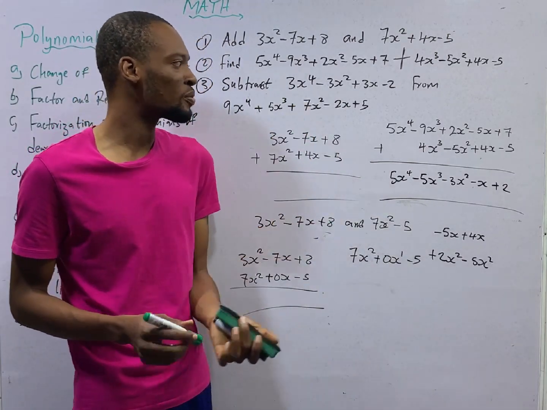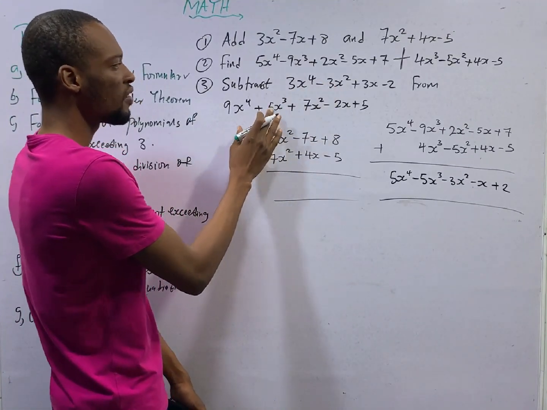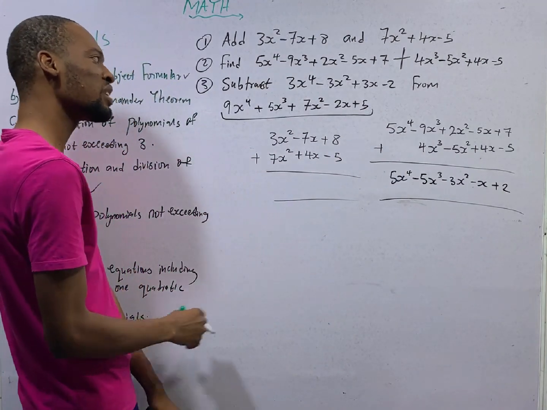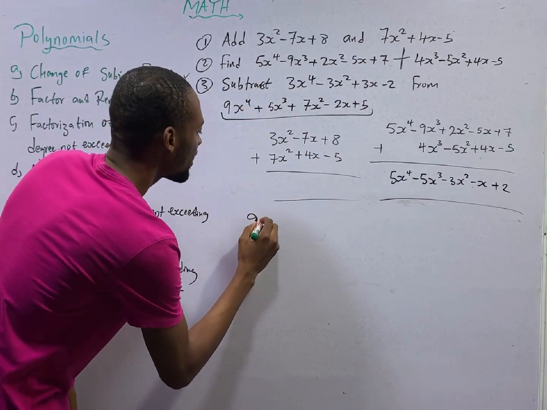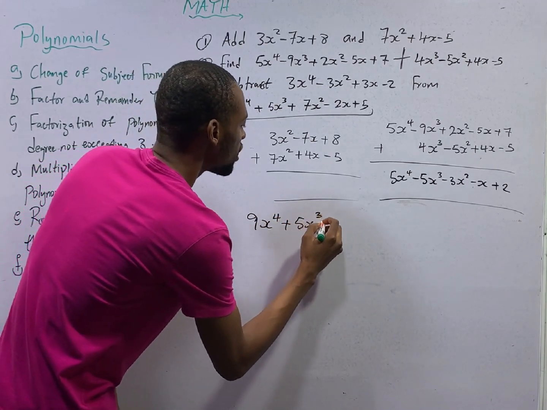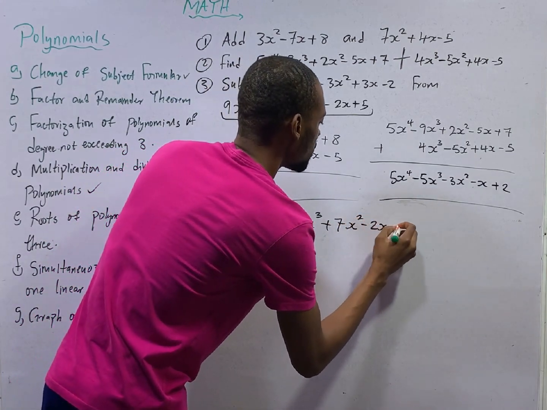Let's look at the subtraction question. They said we should subtract this from this. This simply means that this one is bigger. What you are subtracting from is bigger than what you are subtracting. So we write the bigger one first. 9s raised to the power of 4 plus 5s raised to the power of 3 plus 7s squared minus 2s plus 5.